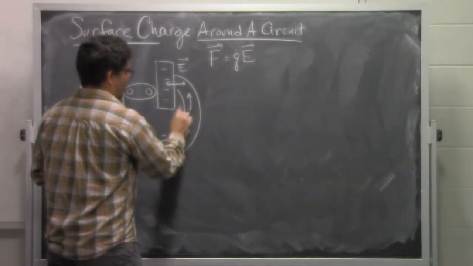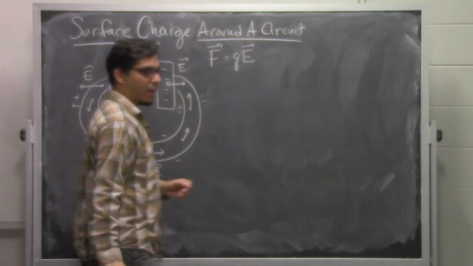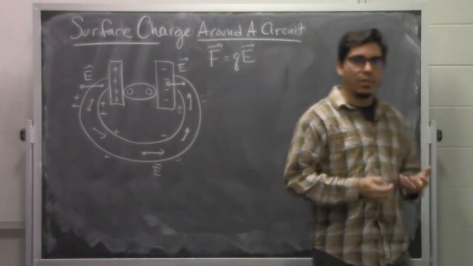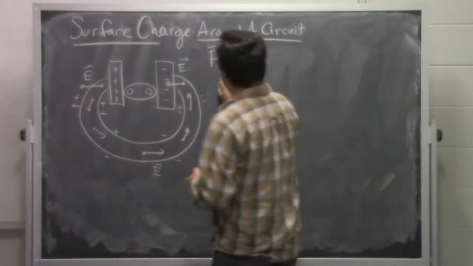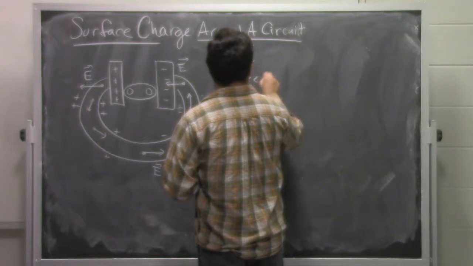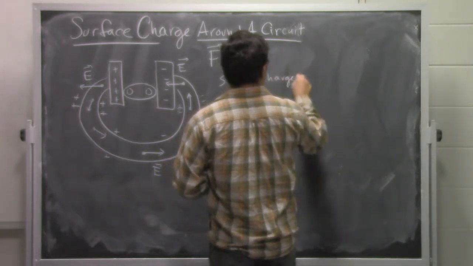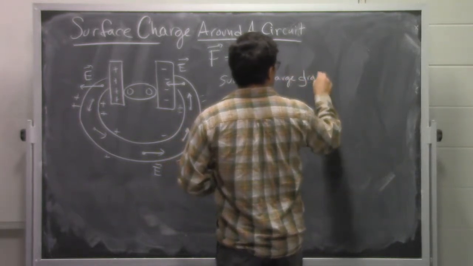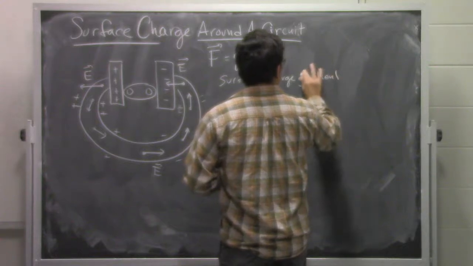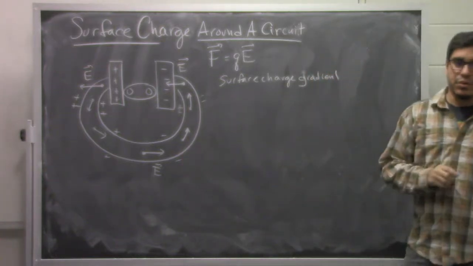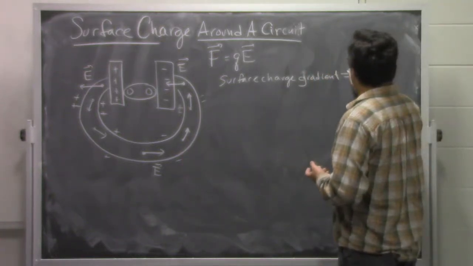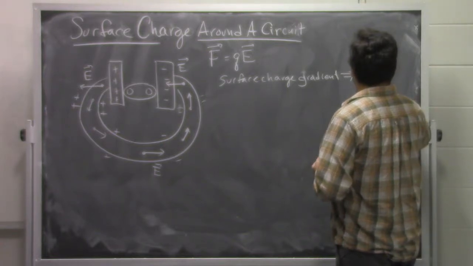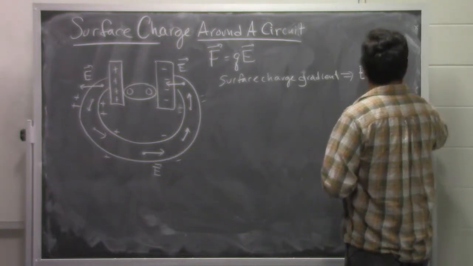Now, all of these charges exist on the surface of this wire, but what they do is they generate what we call a surface charge gradient. And that surface charge gradient is what gives rise to the electric field in the wire.